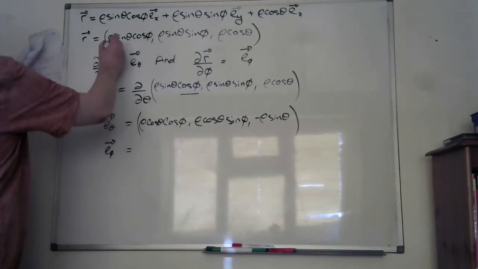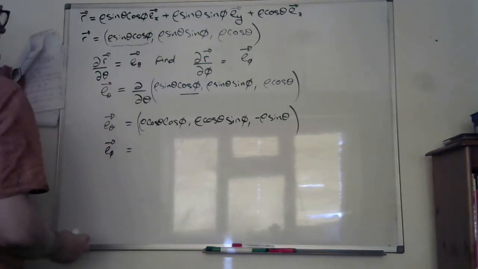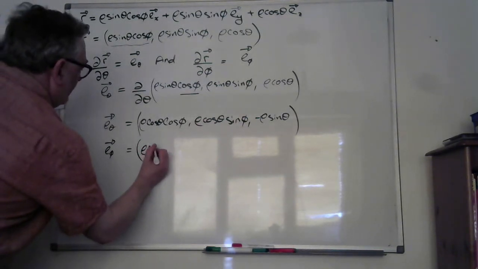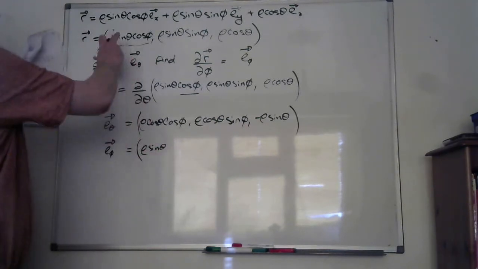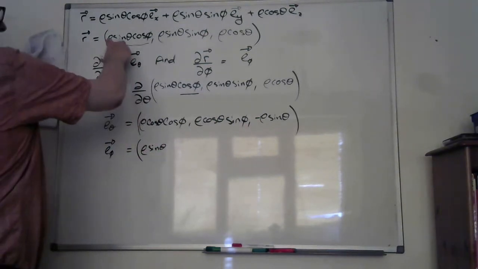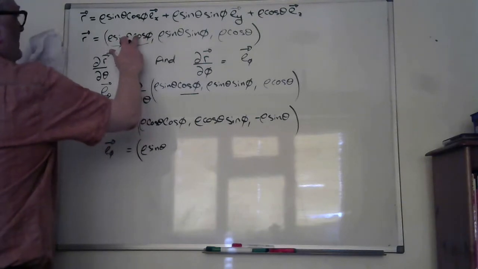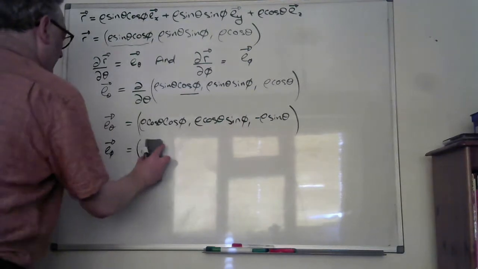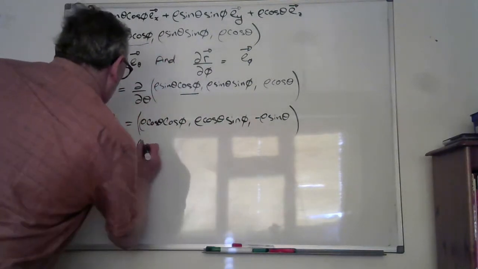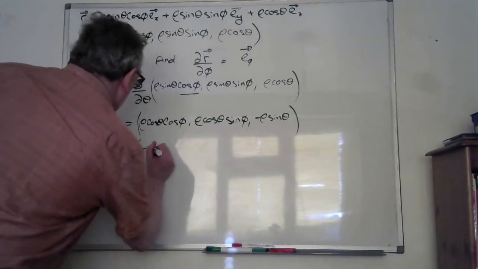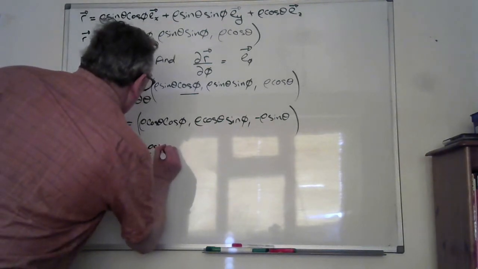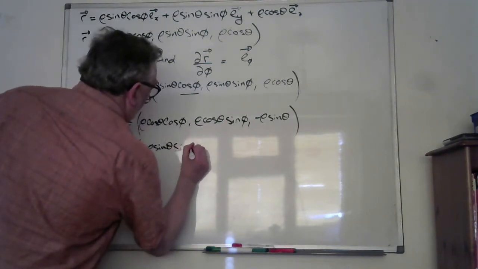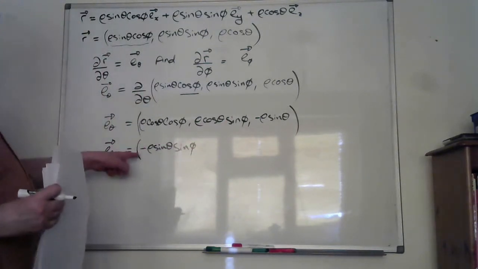So if we differentiate this bit, we get rho sine theta, because we're keeping the theta constant this time, but we differentiate the cos phi. And of course, I haven't left enough room there, so we've got minus rho sine theta, sine phi. The cos phi goes to minus sine phi.